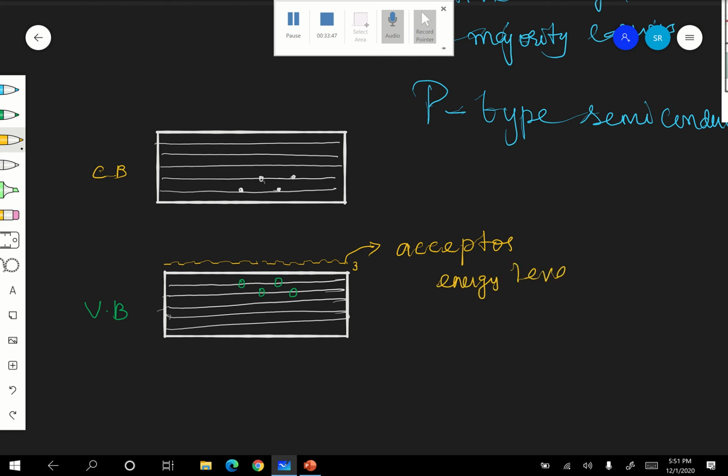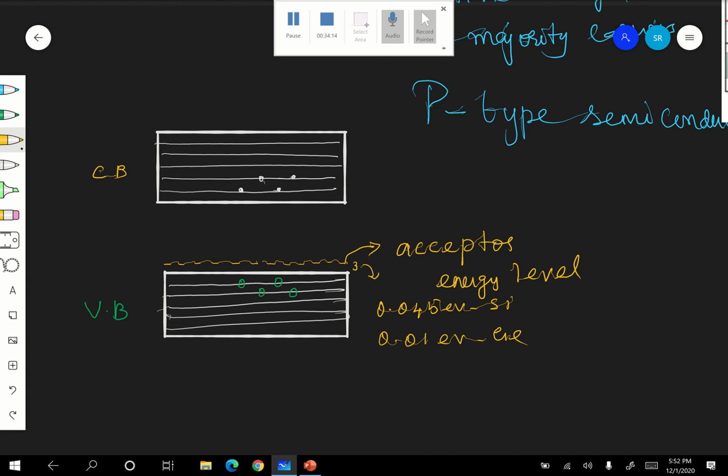What is the difference between these two? For silicon it is 0.045 electron volt, and 0.01 electron volt for germanium. That is the gap between the acceptor energy level and the uppermost energy level of the valence band.